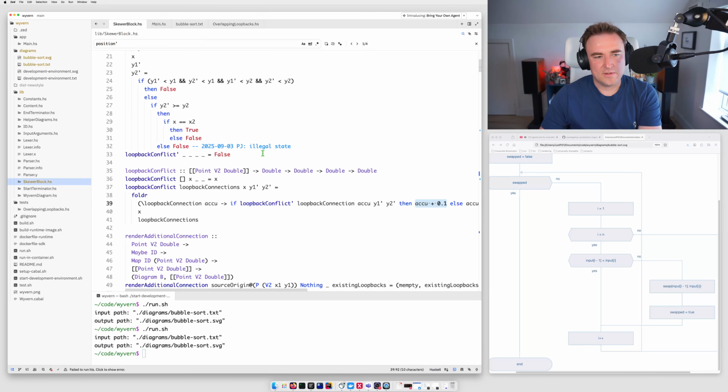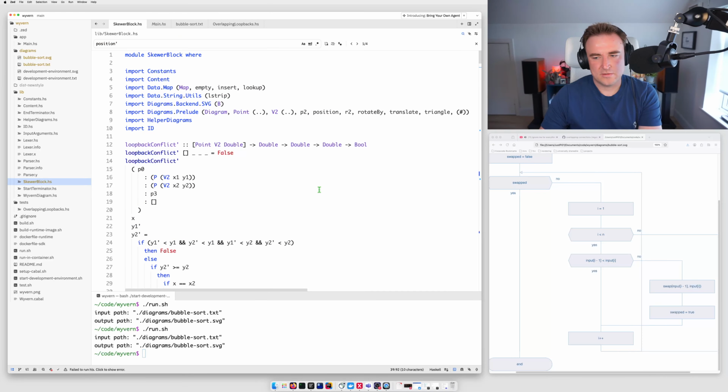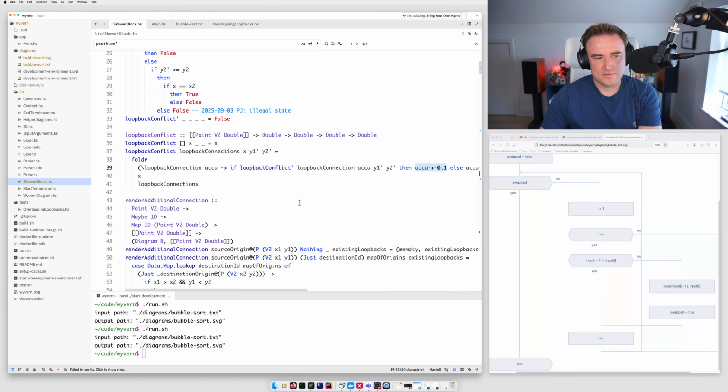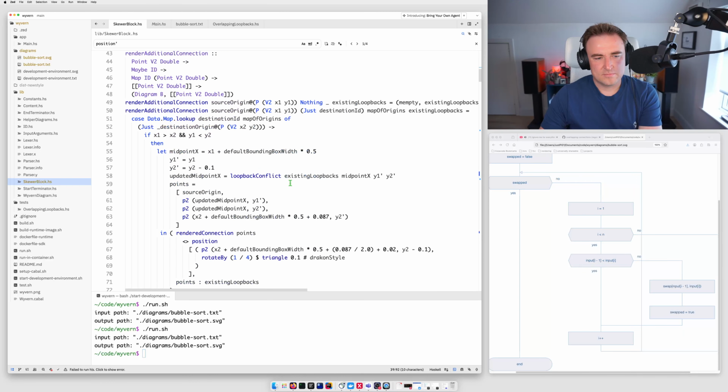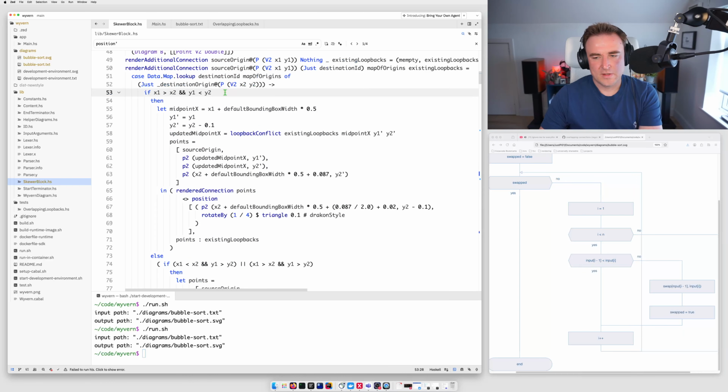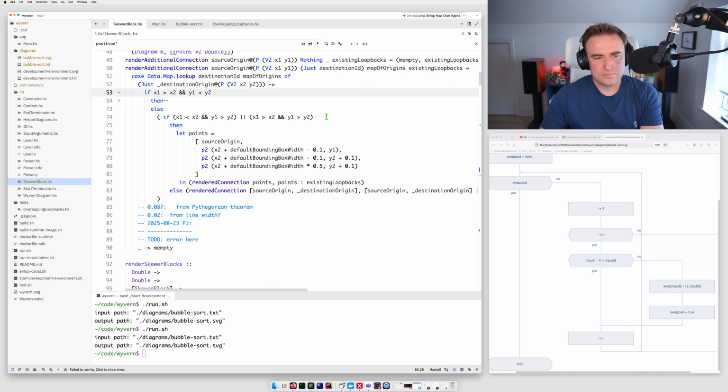Let's see how easy it would be to render additional connection. So this is, I believe, it. So let's make a very quick change like that.